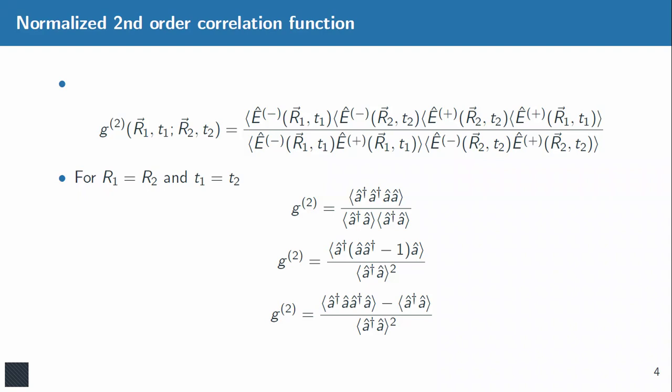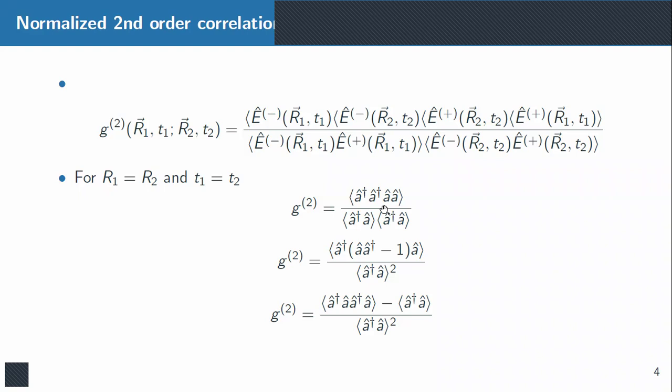Writing the negative and positive frequency parts of the field operator in terms of the annihilation and creation operators, we get this form. In order to get some interesting mathematical expression, we would use the commutation relation of the creation and annihilation operators. We get this form using some simple algebra.